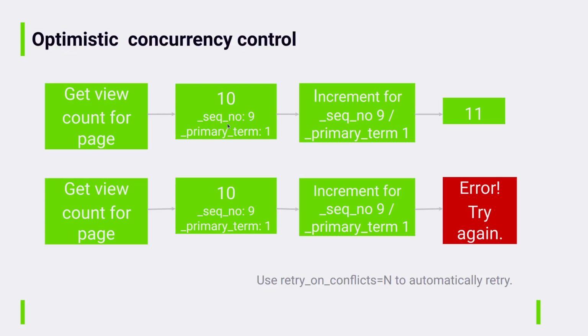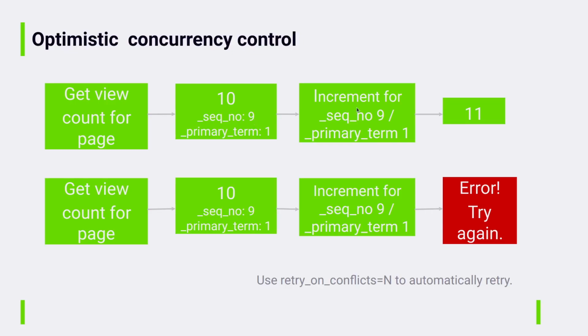These sequence number and primary term together form a unique chronological record for this given document. Say client 1 and client 2 both come, and client 1 reads the view count as 10, the sequence number 9 and primary term 1.